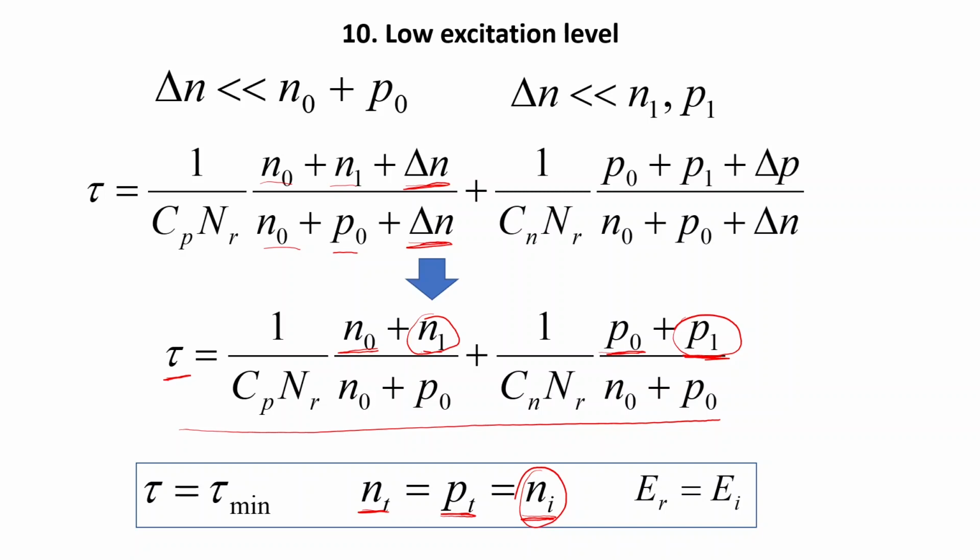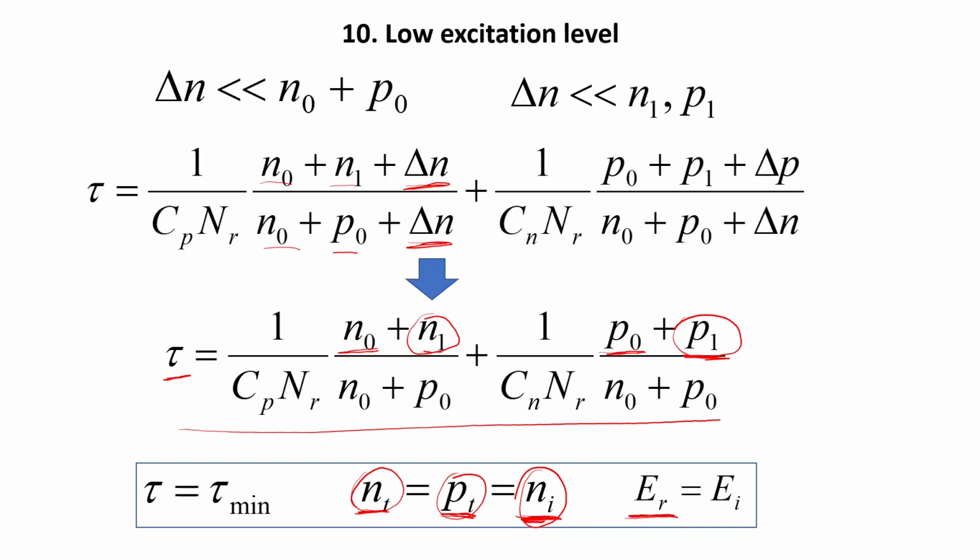Fermi level in the middle of the band gap. Means we will get minimum values for N1, P1, which is equal to Ni, only by definition of this N1 and P1, we repeated this definition, when Fermi level coincides with the recombination energy level.